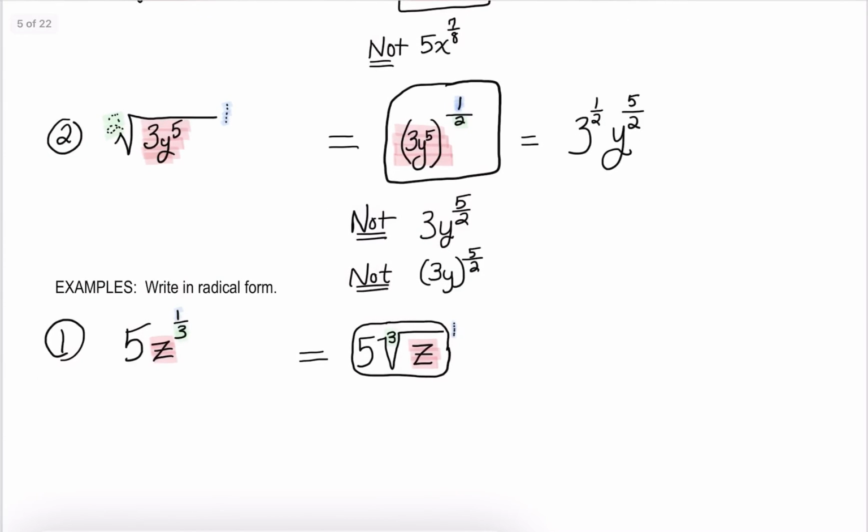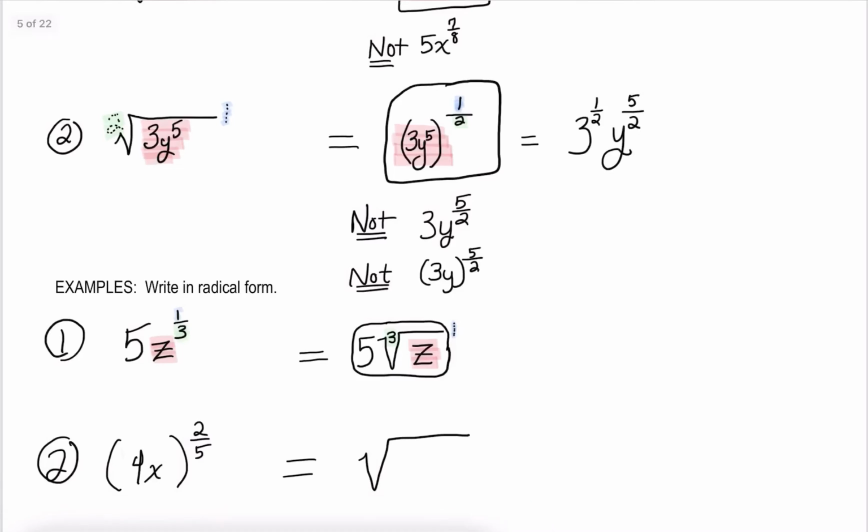Number 2, suppose we have the quantity of 4x to the 2/5 power. All right, so a rational exponent means some kind of a radical, so we could maybe even start that right away. And this time, what is being raised to that rational exponent?